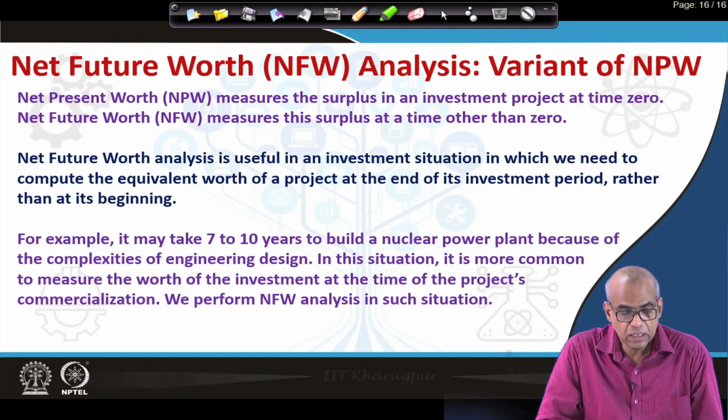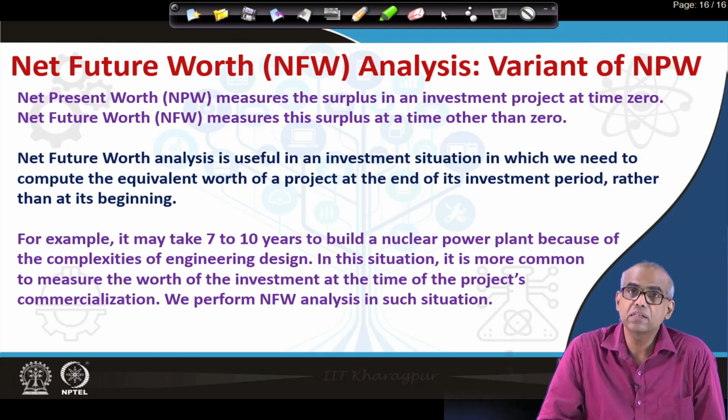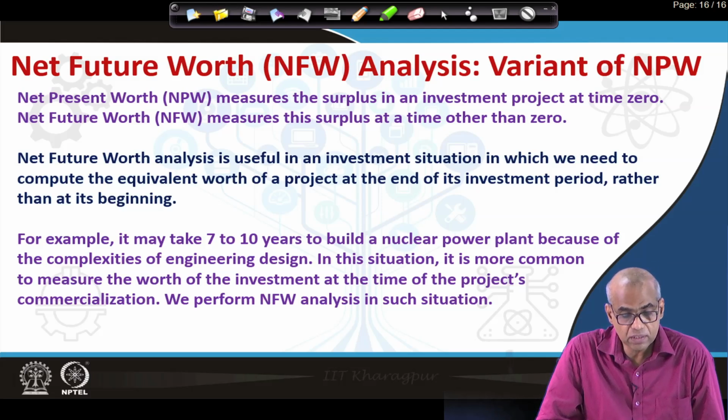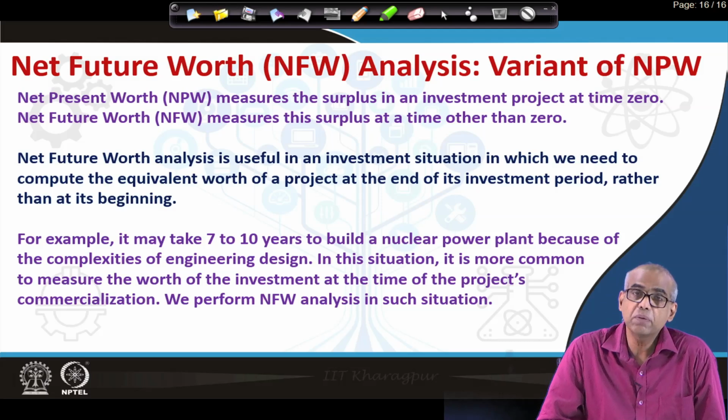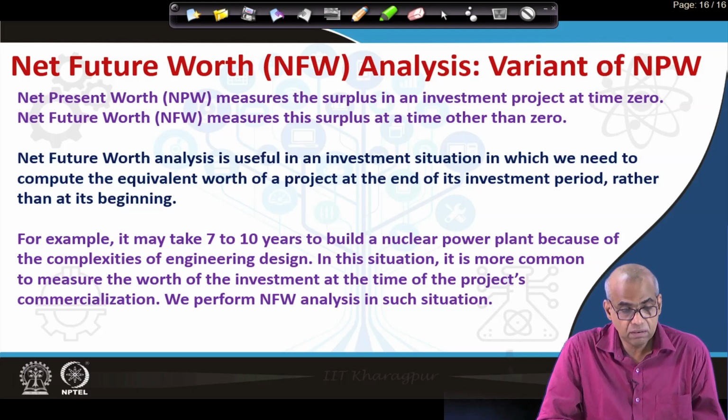For example, it may take 7 to 10 years to build a nuclear power plant because of the complexities of the engineering design. There will be several very strict safety regulations. In this situation, it is more common to measure the worth of the investment at the time of the project's commercialization. So, we perform net future worth analysis in such situation.